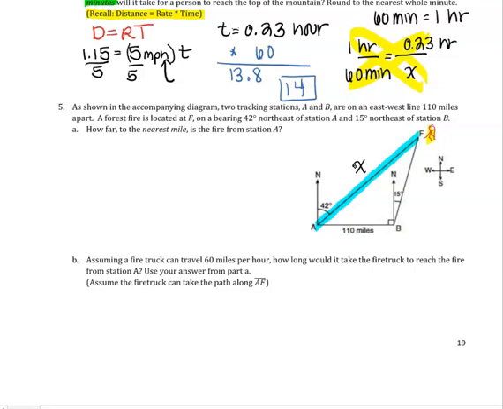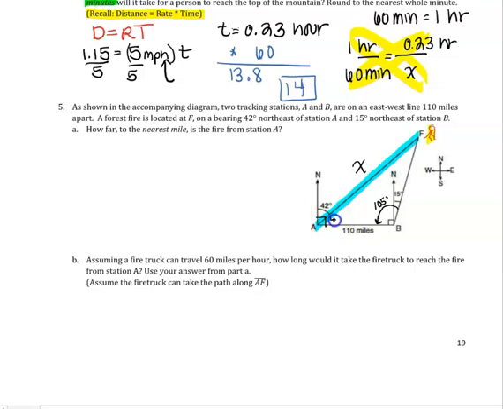So let's call that X. Now, we're going to have to do a little bit of math to fill in some of our missing angles here. Now notice they have a 90 here. That means this whole angle is 90 plus 15, so 105 degrees. Now, this would also be 90 degrees if this is north and then this is east.